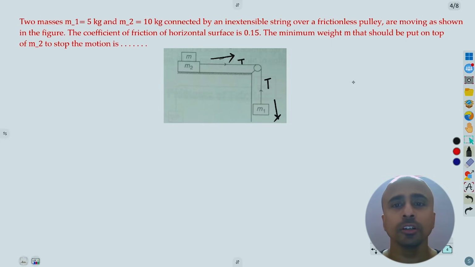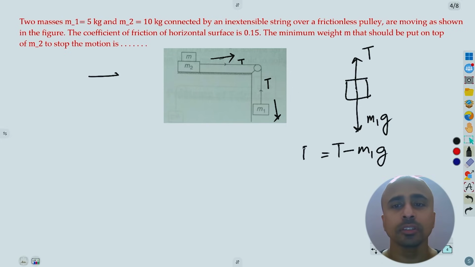So if we draw the free body diagram of m1, we have tension in the upward direction and gravitational force in the downward direction. And in this system we have tension, and according to Newton's law, the force is this, for F1.